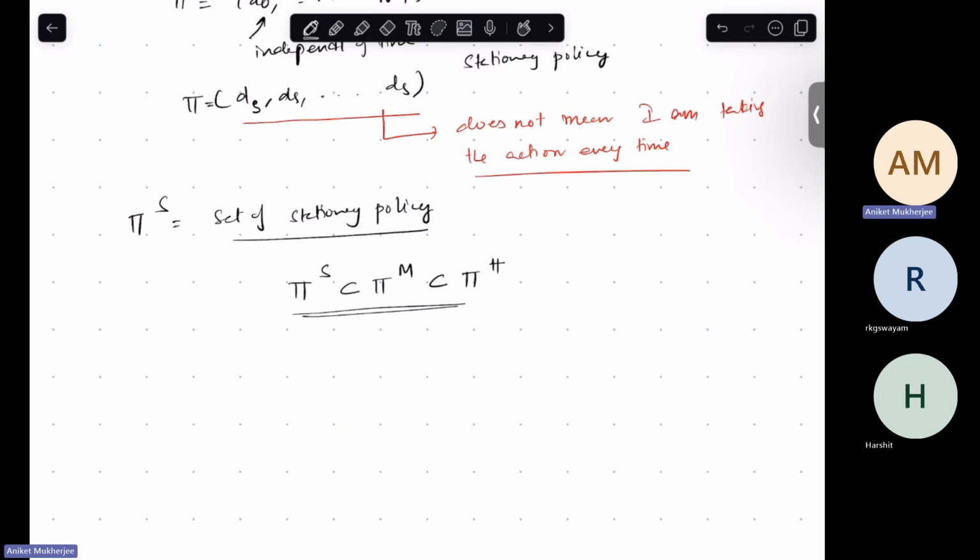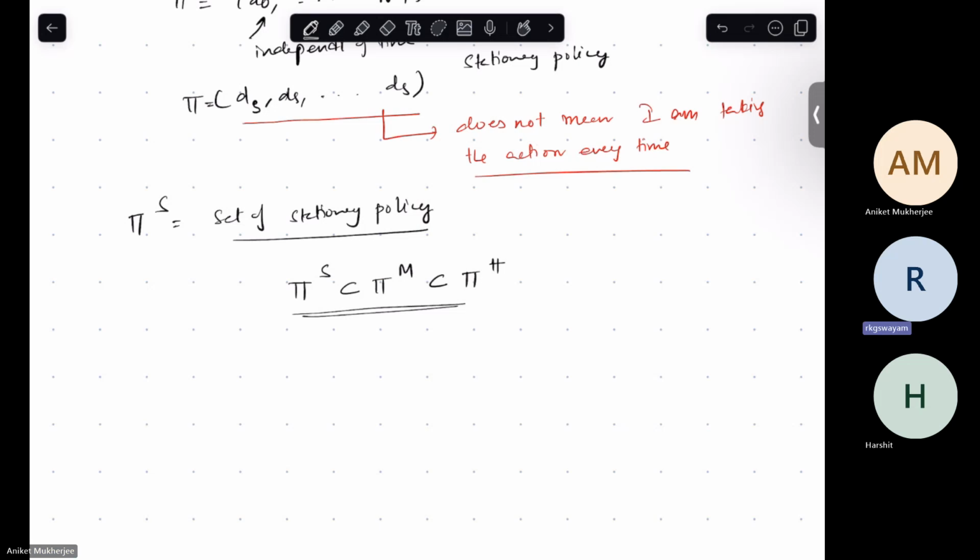When you say strategy remains the same, it remains the same throughout. And I believe what you're asking is whether my strategy could be random. Yes, it could be individually random, but the same across all the timestamps. Stationary means it's the same across all the timestamps, but individually it could be random.